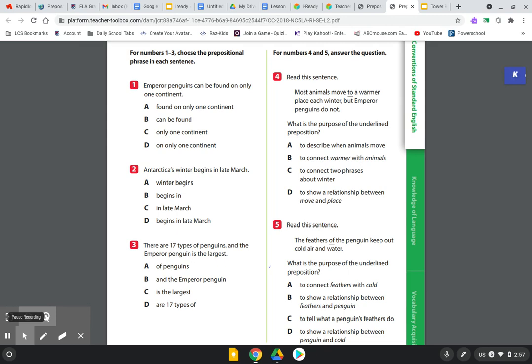Again, you're choosing the prepositional phrase in that sentence. Number 3, there are 17 types of penguins, and the emperor penguin is the largest. Choose the prepositional phrase in that question. For questions 4 and 5, answer the question. Number 4, read the sentence. Most animals move to a warmer place each winter, but emperor penguins do not. What is the purpose of the underlined preposition?